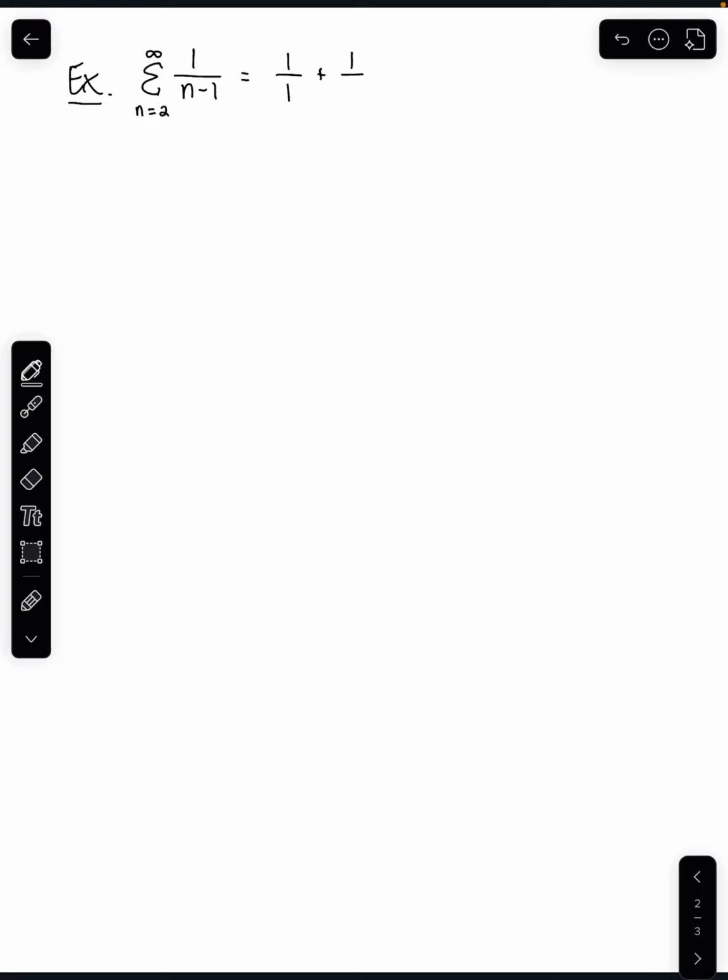When n is 3, the denominator is 2. When n is 4, the denominator is 3, and so on. So we can see that this actually does produce the harmonic series. Therefore, it definitely diverges. What we're going to do now is the limit comparison test with the harmonic series.